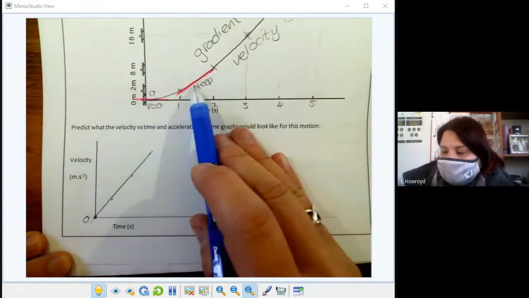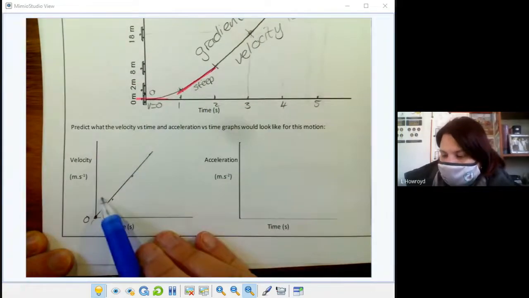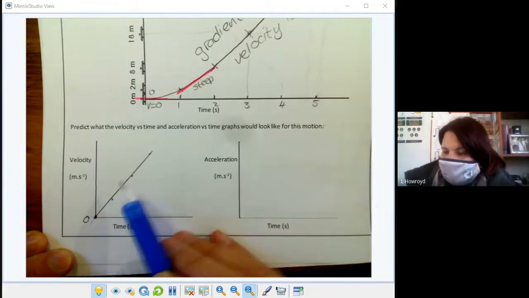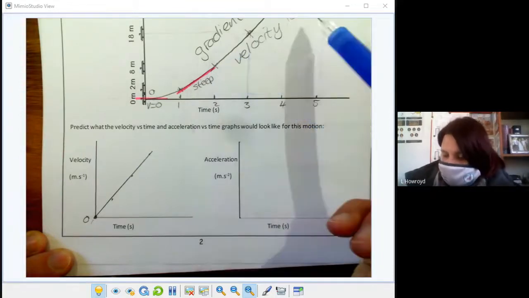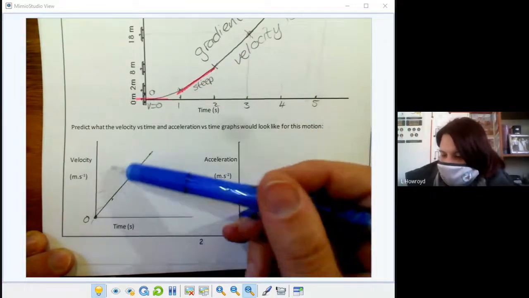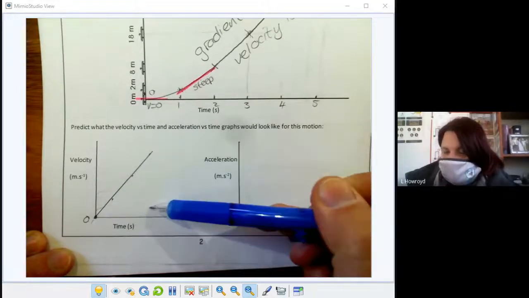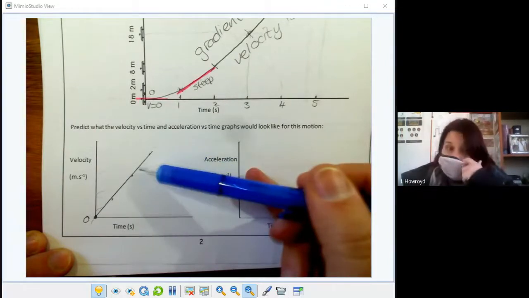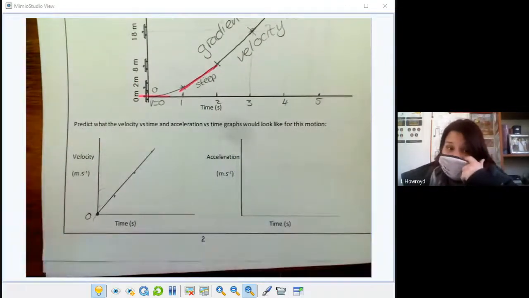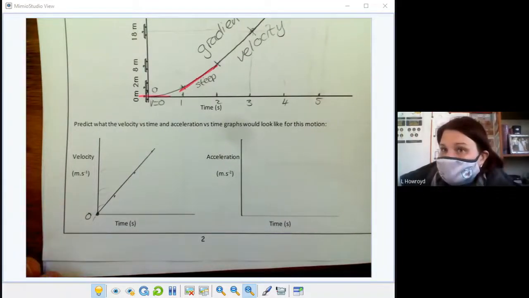We have a bigger gradient, which means we have a bigger velocity. The gradient keeps increasing, the velocity keeps increasing. Look how my velocity keeps increasing as we move over time. So there is the corresponding velocity time graph. I've basically plotted how the gradient of a position time graph is changing.